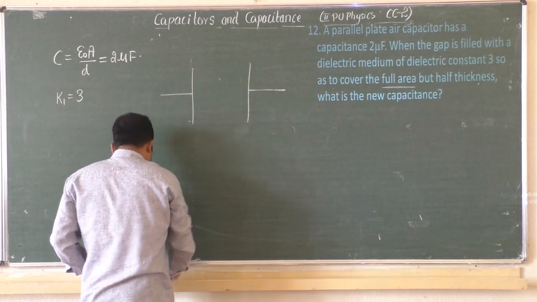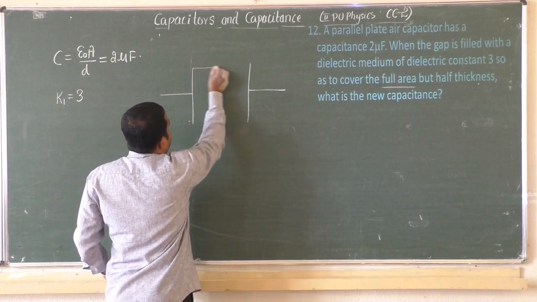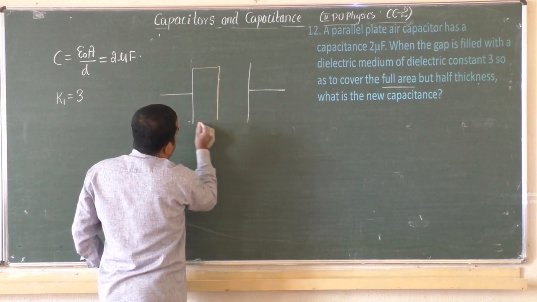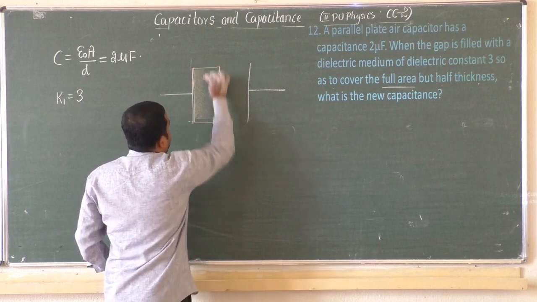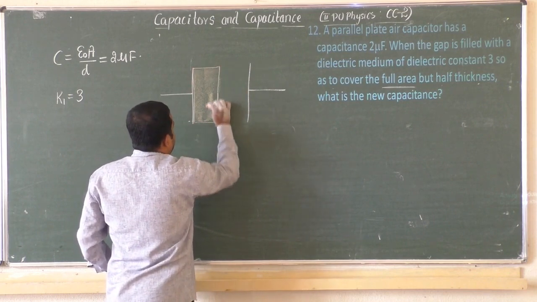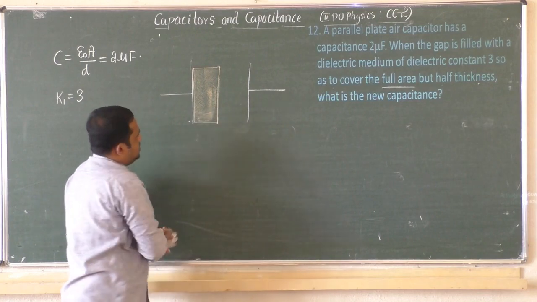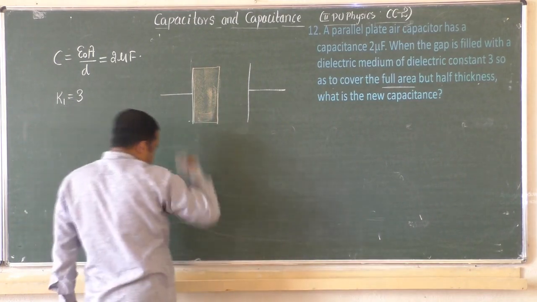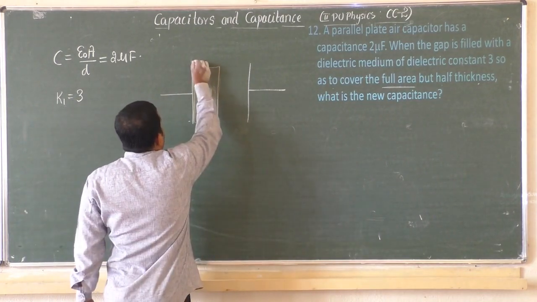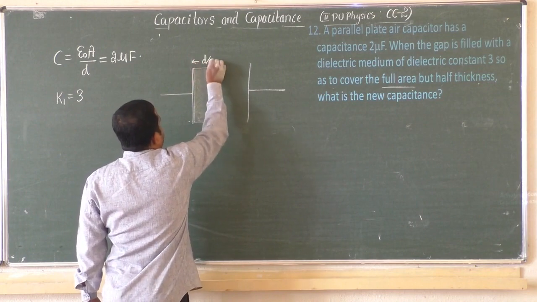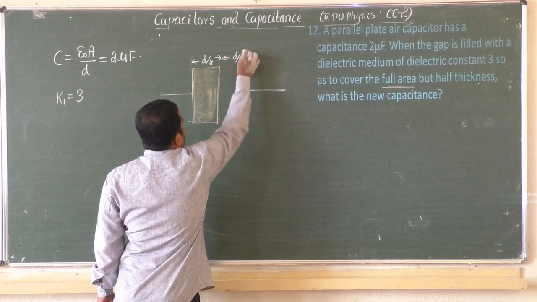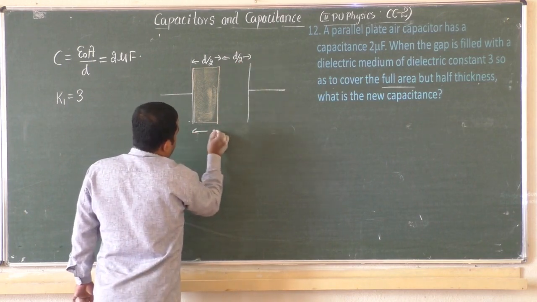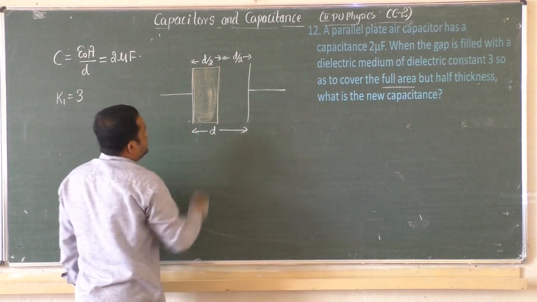The area covered by the dielectric medium is equal to A, but the thickness is half. This part is D by 2, the remaining part is D by 2, so the total separation between the plates is equal to D.